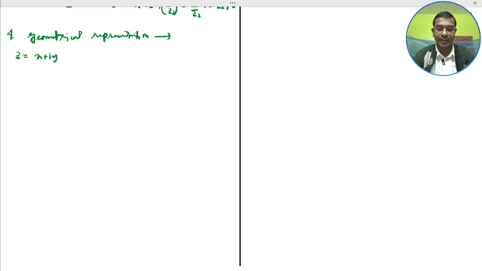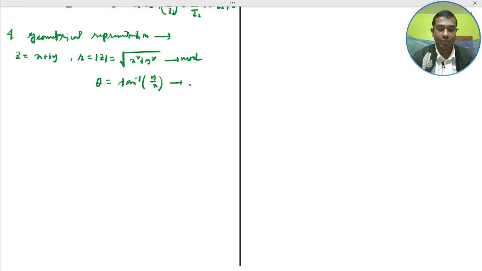So geometrical representation means the modulus of z, that is r equal to mod z equal to root over x square plus y square, and the amplitude or argument, theta equal to tan inverse y by x. This is in the first quadrant also, this is the argument or the amplitude.